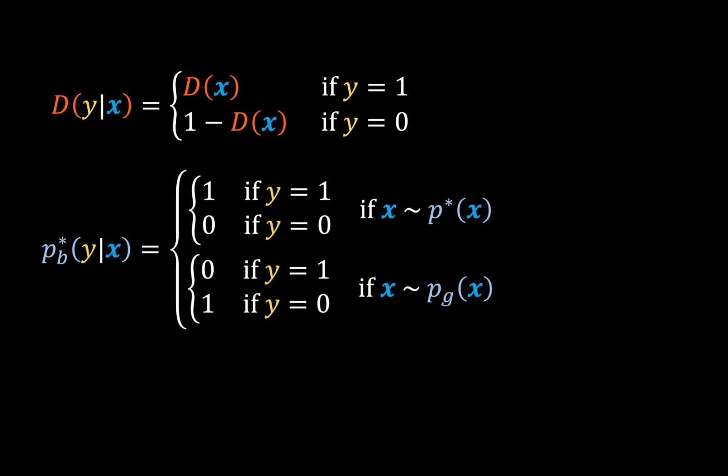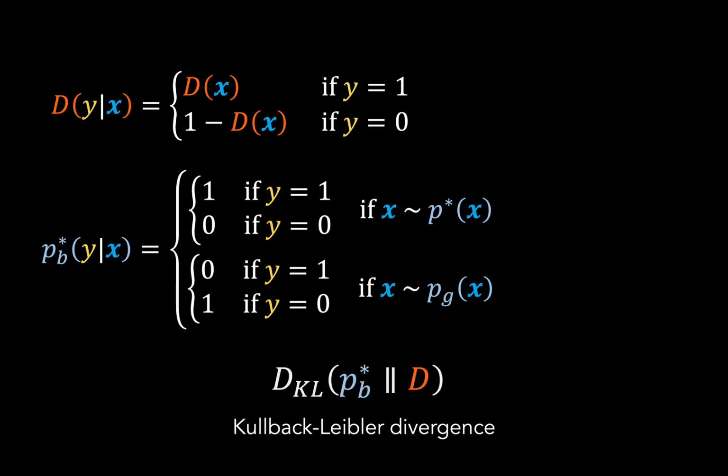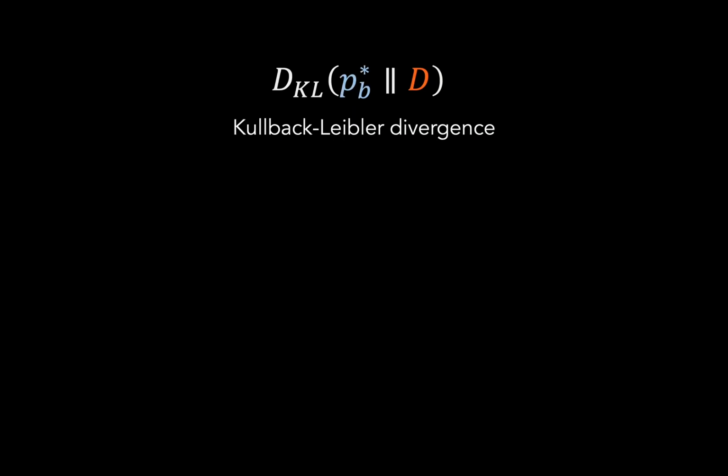Now, if we want to align these two distributions as closely as possible, we need a measure of closeness between the distributions, and for this we use the Kullback-Leibler divergence, or KL divergence, between our two distributions. Now this divergence can be thought of as a measure of the distance between two distributions.